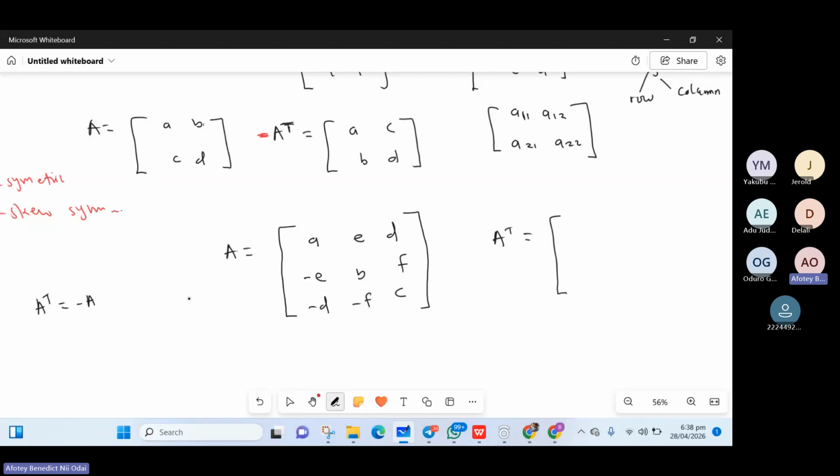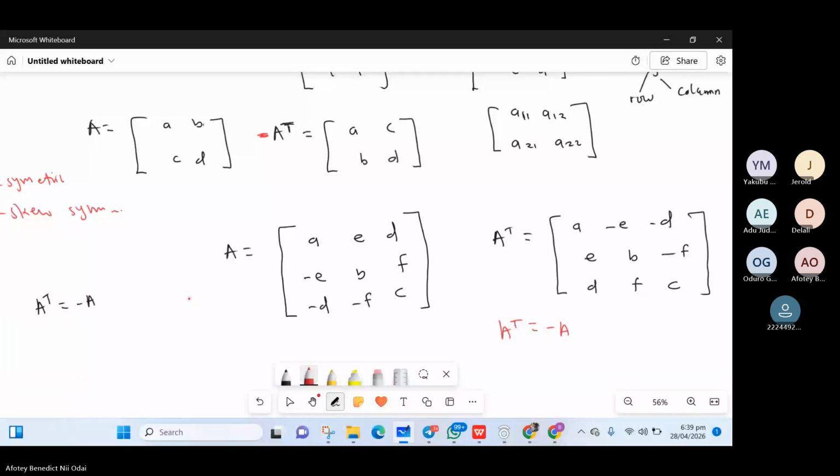So with this, if we find A transpose, we get A, negative E, and negative D. For the second column, we get E, B, negative F. And finally, we get D, F, and C. Now we can see that A transpose is actually equal to negative A. So you can write this down and use it whenever you are doing such a proof.